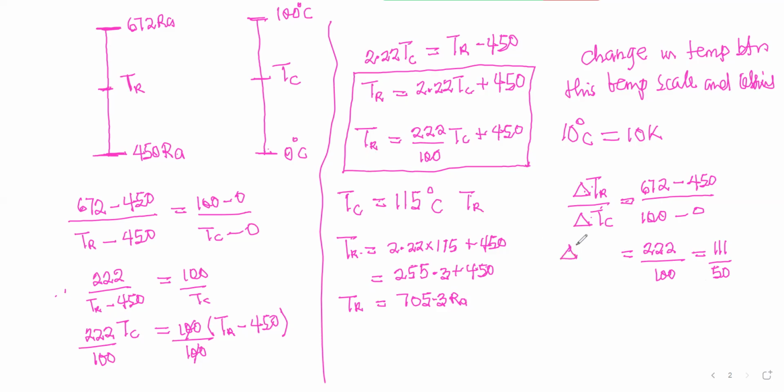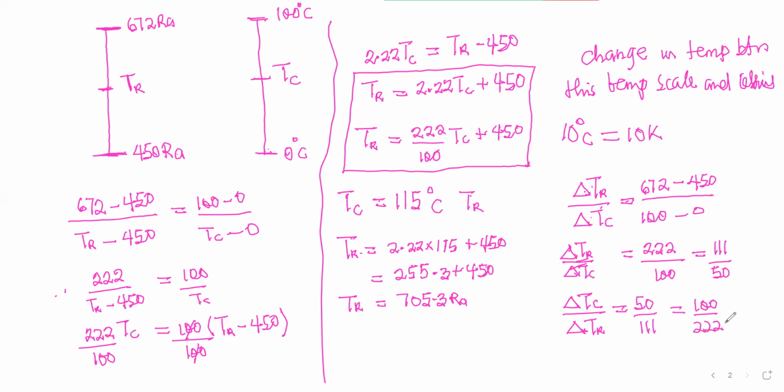If it is delta TR over delta TC, then it can be 222 over 100 or 111 over 50. And if it is delta TC over delta TR, then it will be the other way around, 50 over 111, which is the same as 100 over 222.